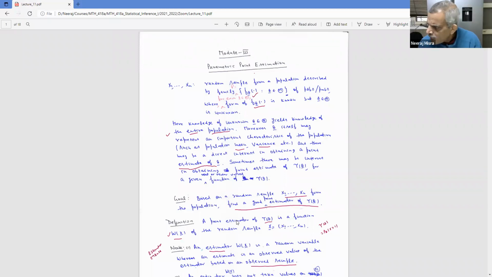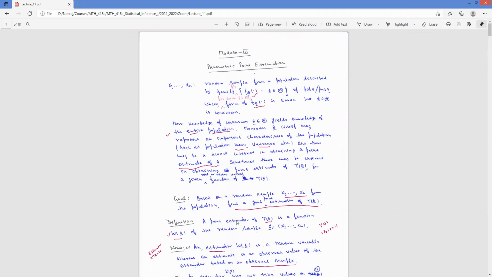Then what you do is, it becomes a problem of treatment of outliers. You have to study how to treat these outliers so that you can still use the MLE, but you have to modify the MLE a little bit. So that becomes a separate topic, which comes under the treatment of outliers. Outlier is always a problem.